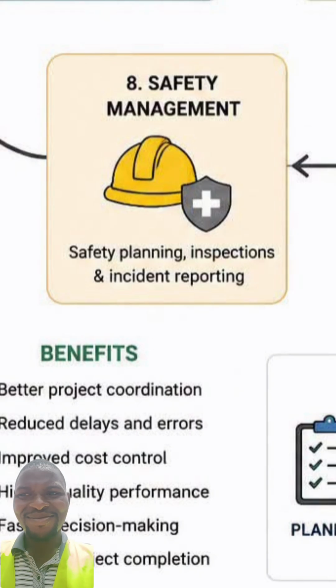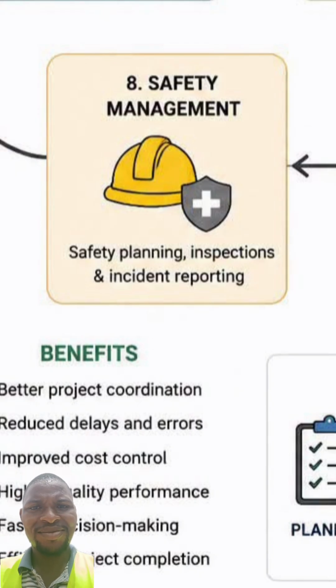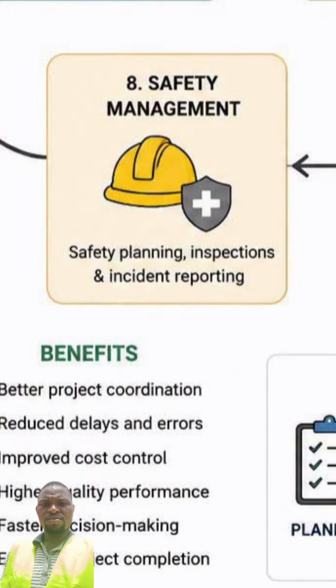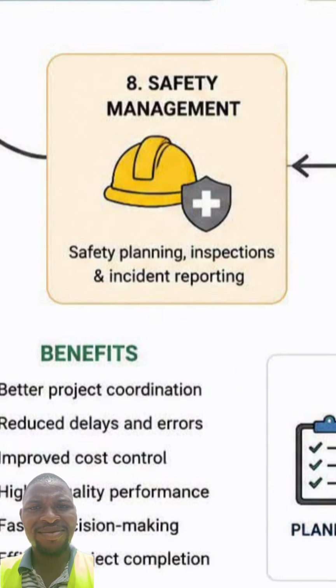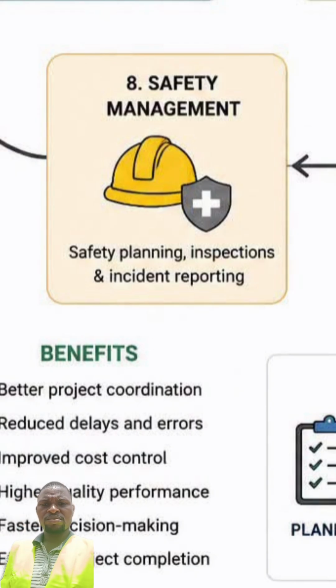You don't provide safety boots for them, hand gloves they don't have, their helmets they are not wearing, and you are not putting warnings to these laborers that these are the things to be done. You're not giving them proper orientation or guidelines to their own safety management. So safety management is very, very crucial and essential on site.